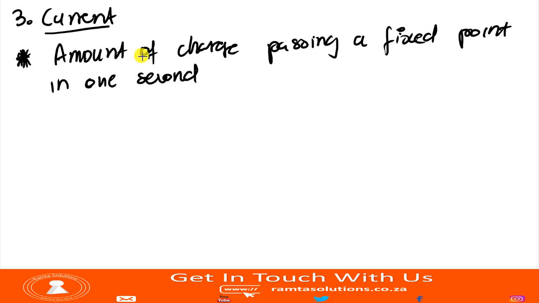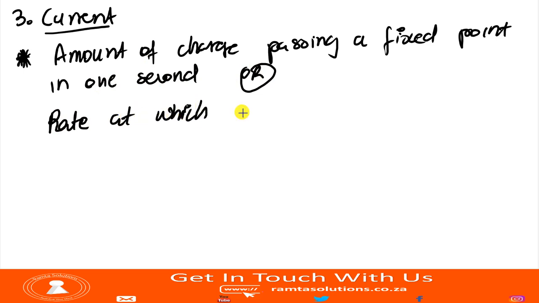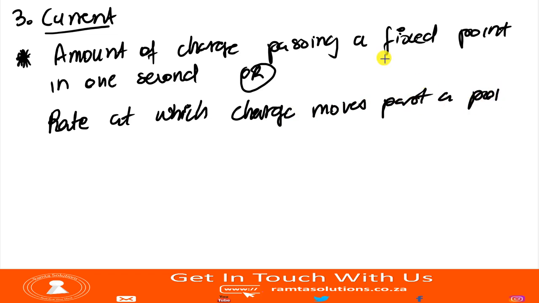Okay, passing a fixed point in 1 second. Another one could say it is the rate at which charge moves past a point, not just a point, again, a fixed point.